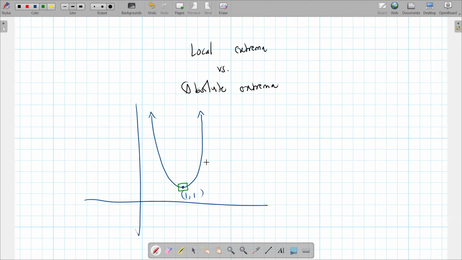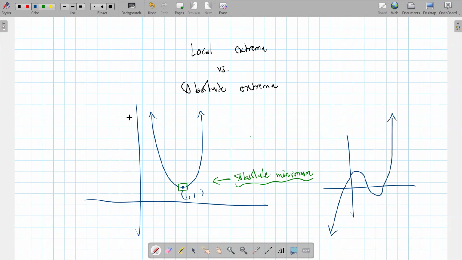Do we have any other extrema? The answer is no. We have a vertex, and there's no other point that will go below this. This is called the absolute minimum, because in this function you'll never have a y value less than 1. That's the vertex.